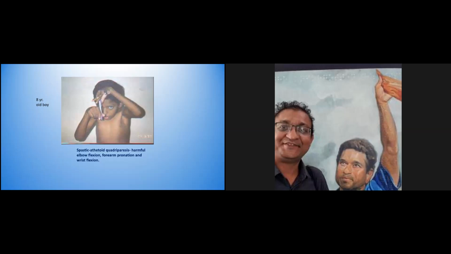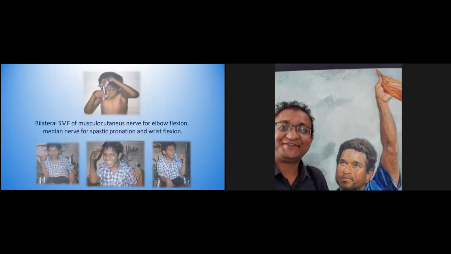This is, for example, what you will do for this child who has diffuse involvement in both upper limbs, and this is what has happened after selective motor fasciculotomy. For the elbow flexion, for the pronation and wrist flexion, his ADL has improved. He is quadriplegic.